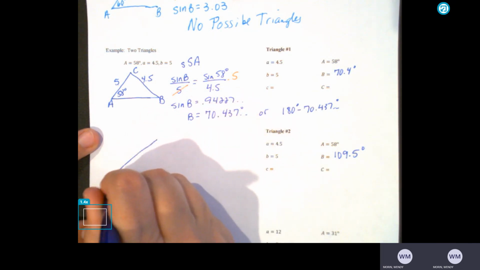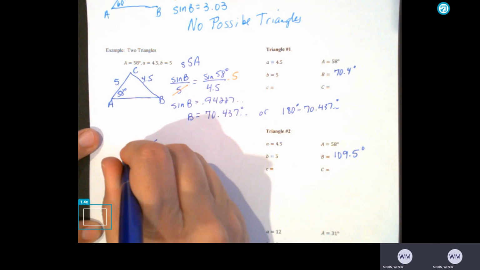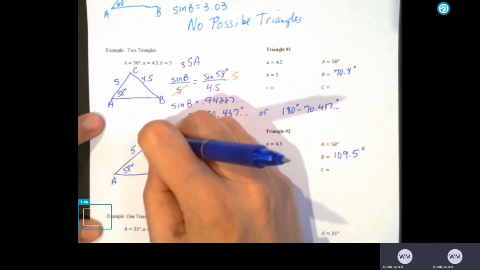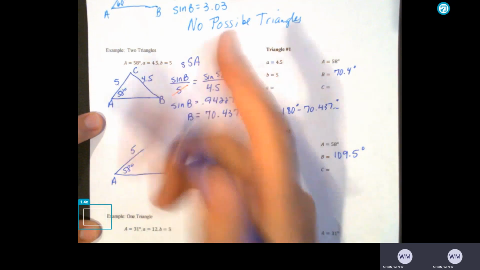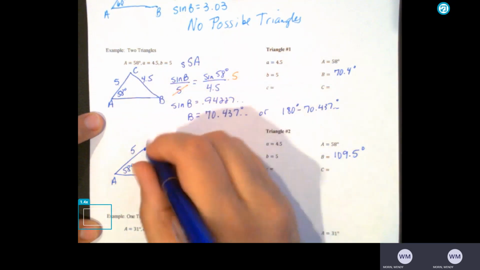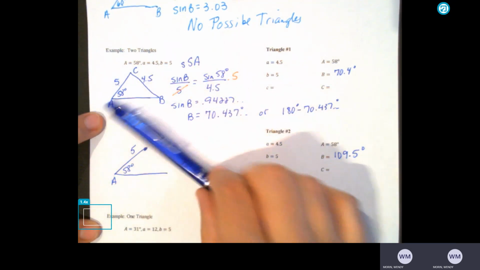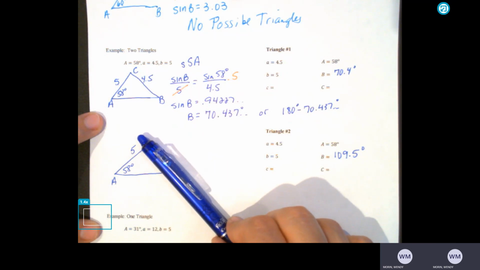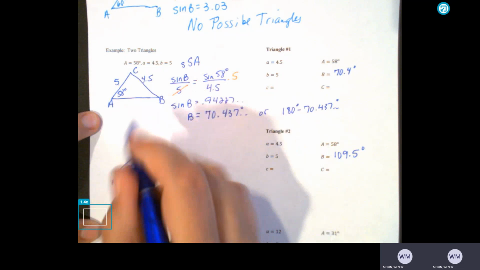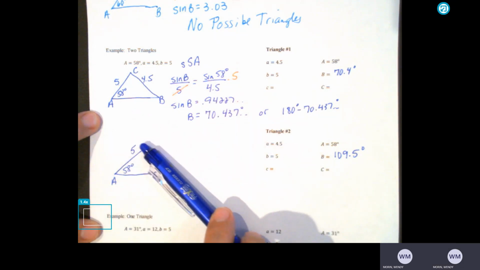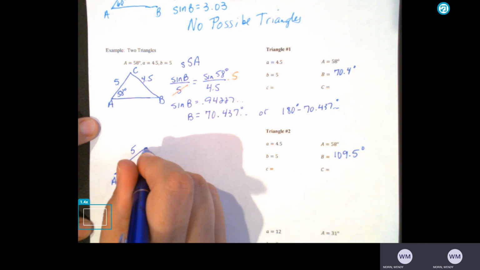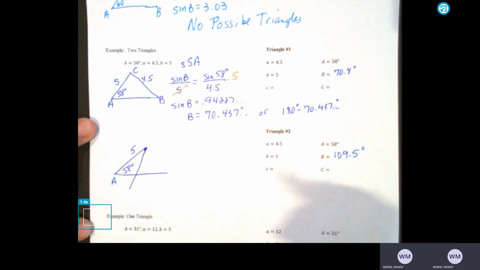If this is angle A and it's 58 degrees and this is 5, this side, this 4.5, is small enough that I can move it this way to create a triangle, or I can swing it over and connect over here as well.